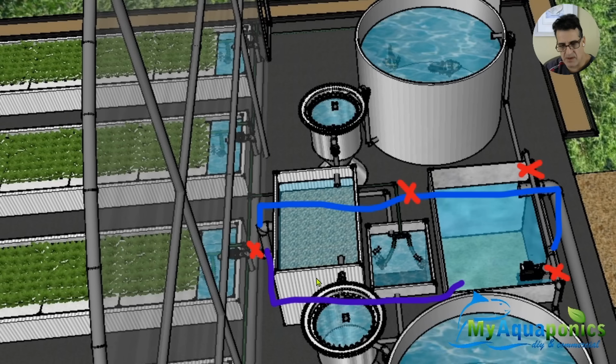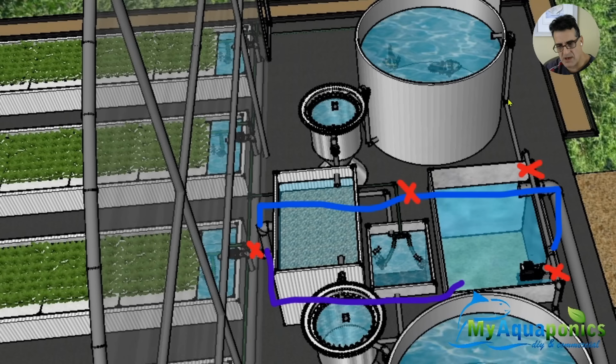So what would happen there is you would close this valve here, the pump would pump to the fish tanks, these valves here would be open, this one would be closed, the water would flow into the fish tanks, into the mechanical filter, into the biofilter, out that side, back into the sump. And the same would happen here.